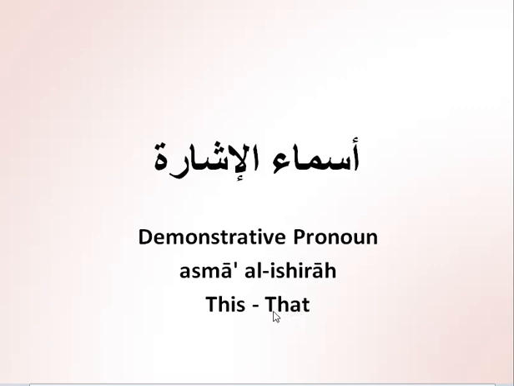Sometimes those objects are neither reachable nor visible, but in our mind we indicate that particular thing that I am talking about. In that case we use that. These pronouns can also indicate distance or time. Today we will cover only one category. So let's move on.